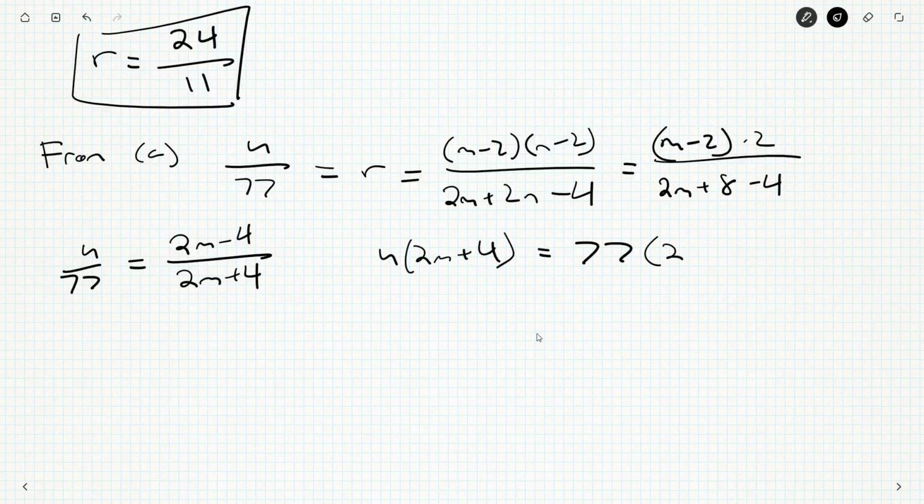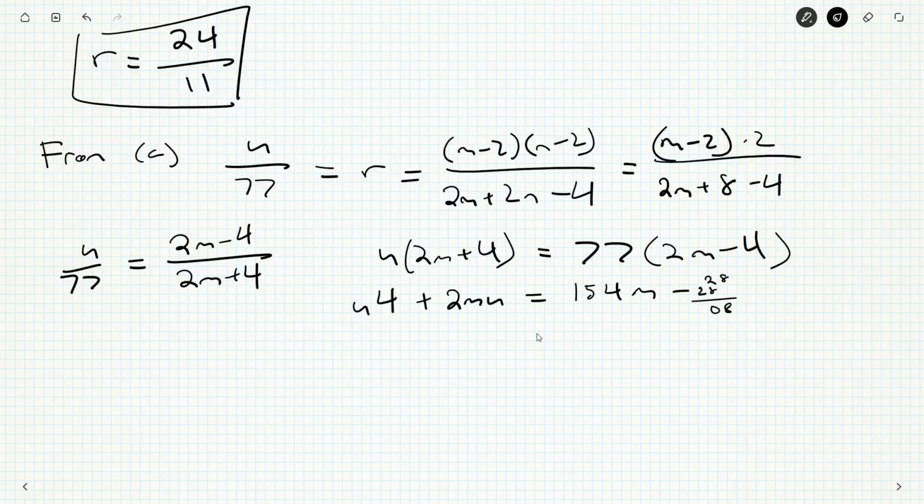No sense in having numbers on the bottom when we can bring everything to the top. So we'll have U times 4 plus 2mU is 154m minus 28 times 11, so that's 308.